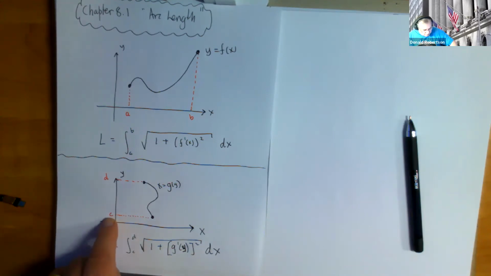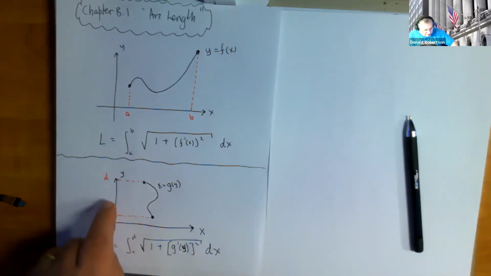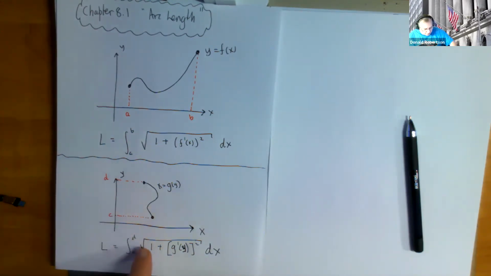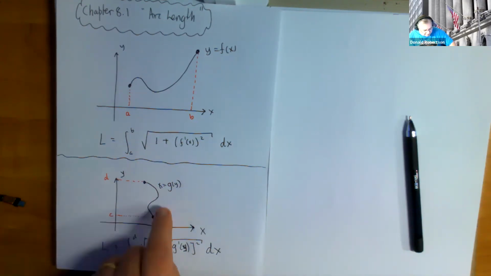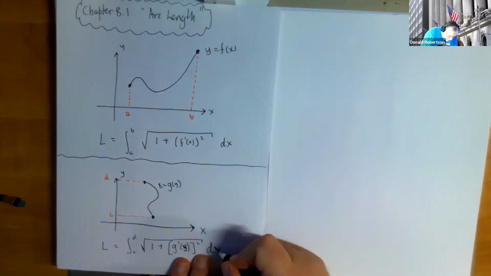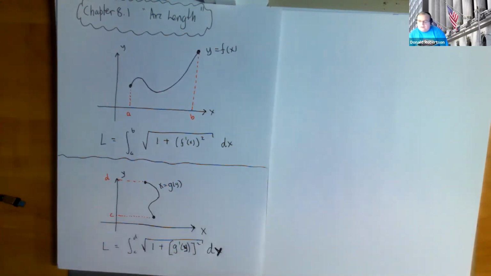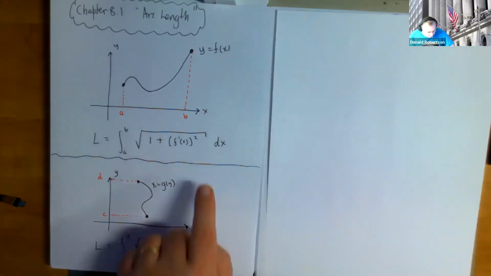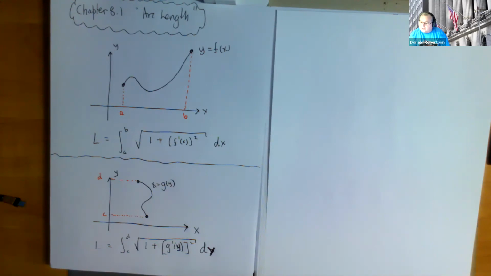It's just the integral from y equals c to y equals d of the square root of 1 plus the derivative squared, but now in terms of y. It's not the ugliest formula in the world. Do you agree?